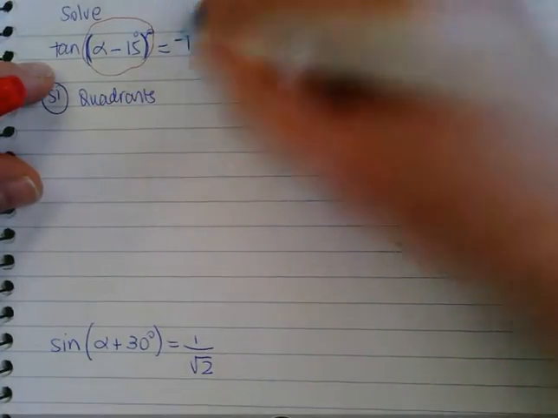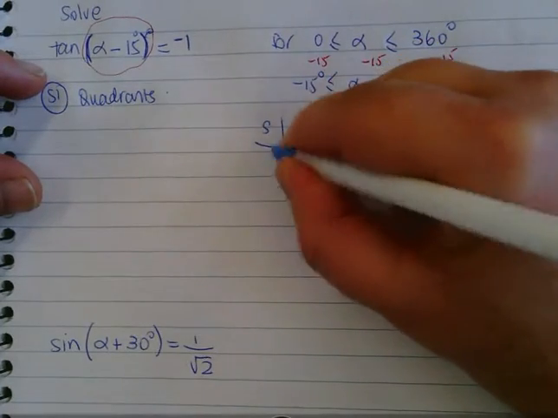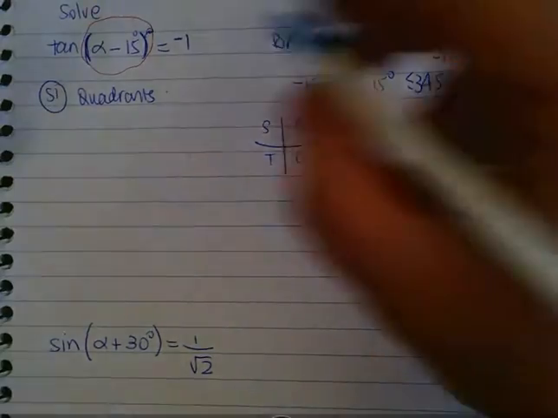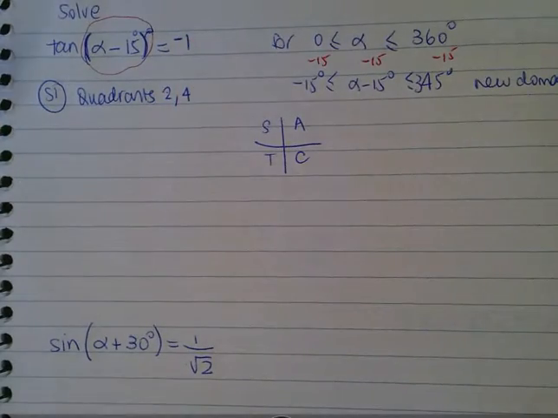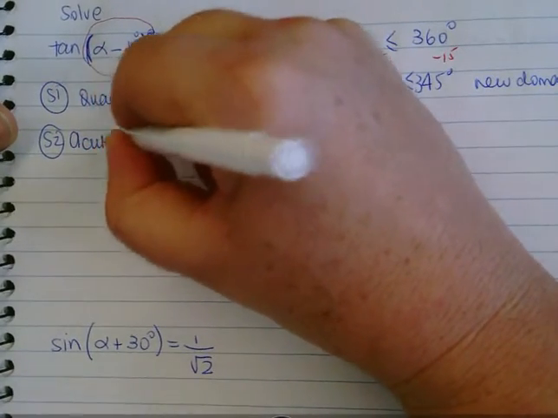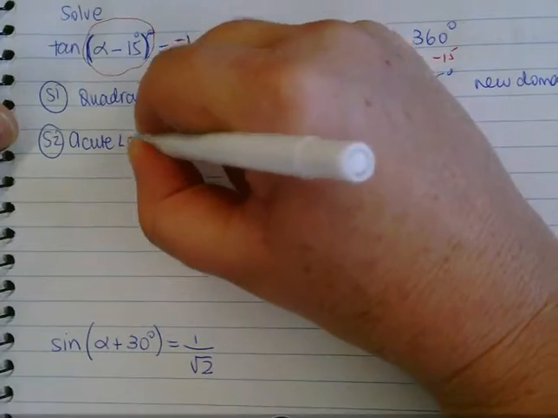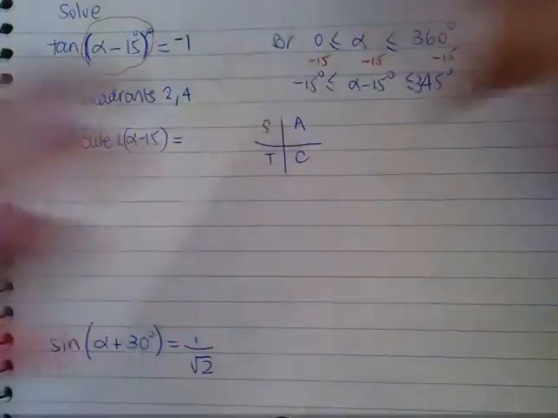Where is tan negative? Quadrants 2 and 4. Good. What's my next step normally? Acute angle, alpha minus 15. So tan of what is 1?